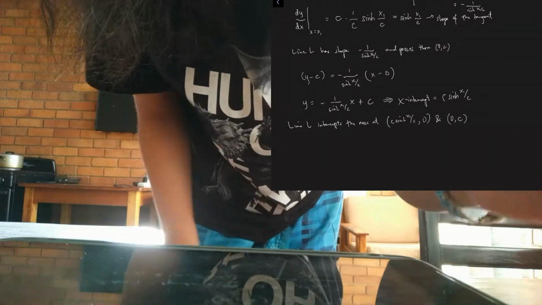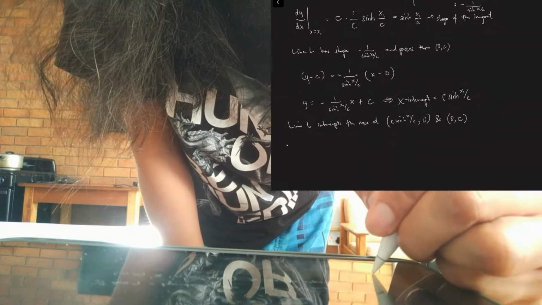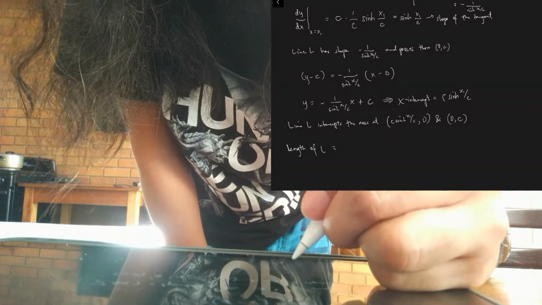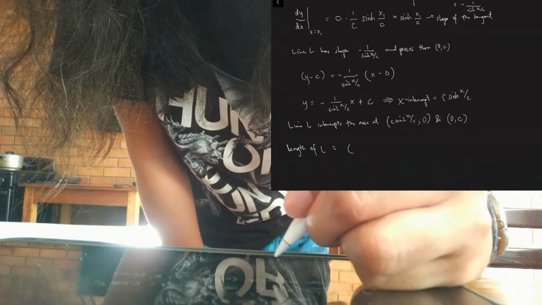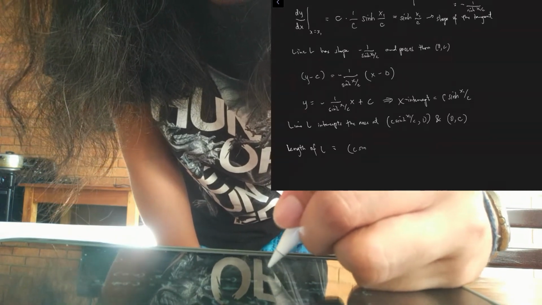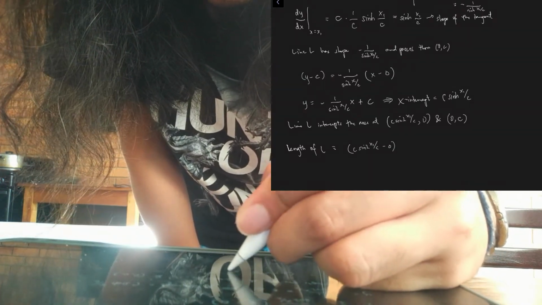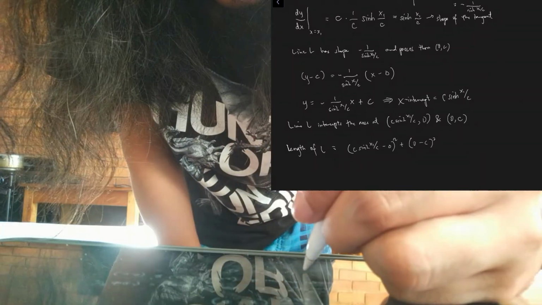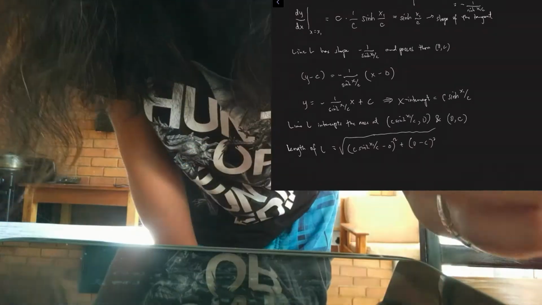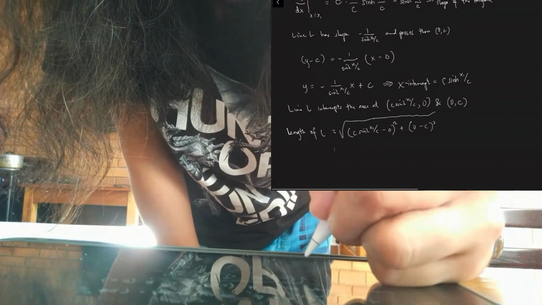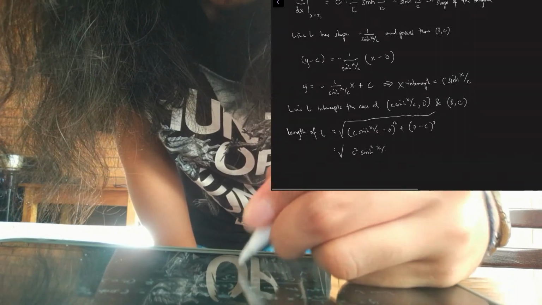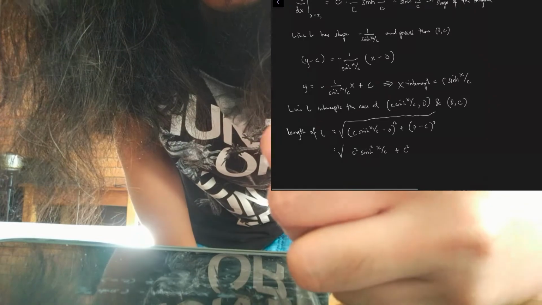Okay, distance formula. The length of L between where it intercepts the two axes is given by the square root of the point x, c sinh x1 over c, minus 0 squared, plus the point y, 0 minus c squared. This gives you the square root of c squared sinh squared x1 over c plus c squared.